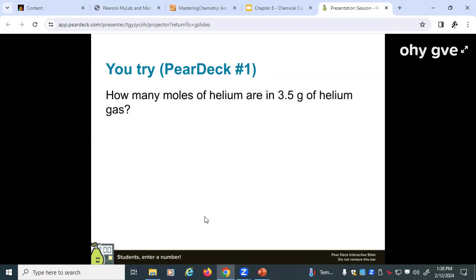Am I dealing with a large exponential number here? No, 3.5 is not large or exponential. So take that one off. Am I asked anything about particles, atoms, molecules, formula units, anything like that? No. So if the answer to both of those questions is no, then you should know that you are in a molar mass kind of question. We need to use molar mass to be able to solve the problem.